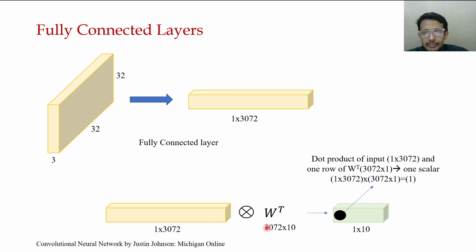Now if you convolve it, for a single column of this convolution matrix we get one scalar value, because this is 1 cross 3072 into 3072 cross 1. So it is a 1 by 1 scalar value, and with 10 such, there will be 10. This black dot is basically a scalar number. This is the case of the fully connected layer.